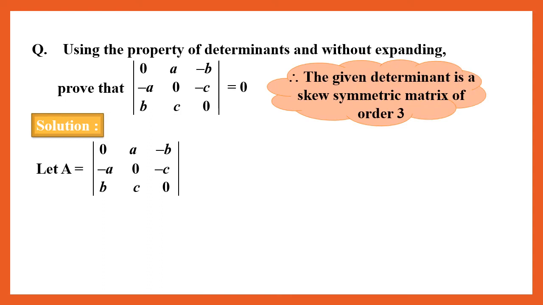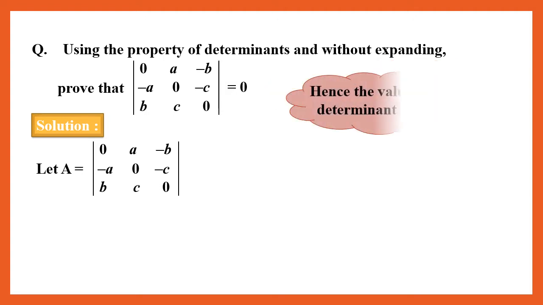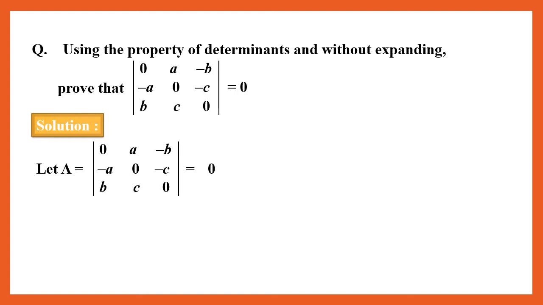Such a matrix is a skew symmetric matrix of order 3, and for a skew symmetric matrix of order 3 the determinant value is 0. So directly by using the property of skew symmetric matrices we get the value as 0.